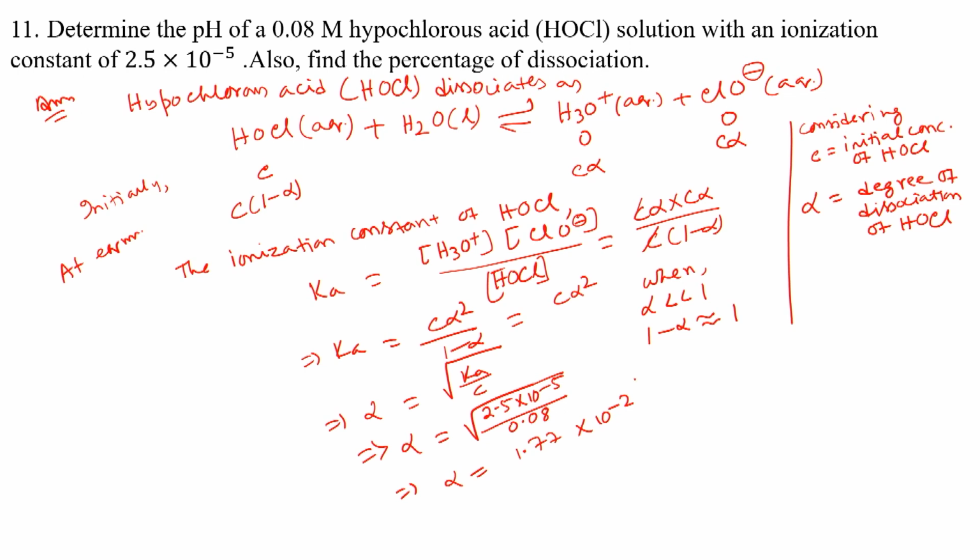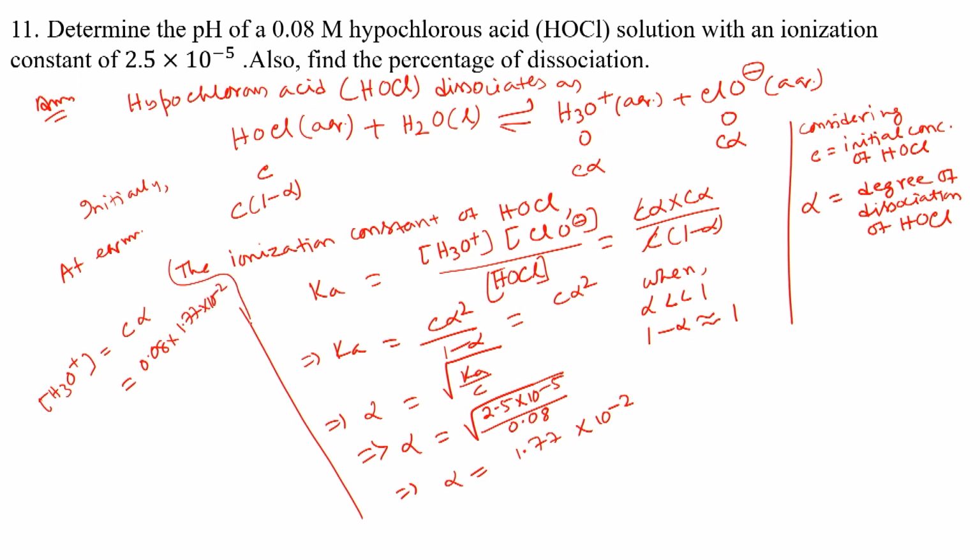Once we get the value of alpha, we can calculate the concentration of H3O plus, because we need to calculate pH to find the pH of the solution. The concentration of H3O plus is C times alpha. So C is 0.08 times alpha is 1.77 times 10 to the minus 2.